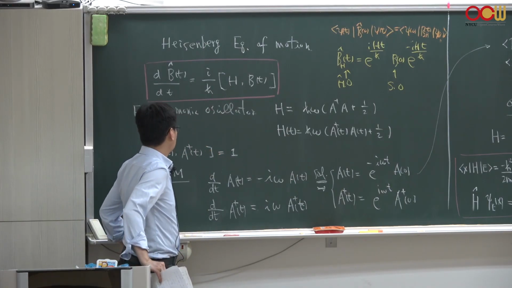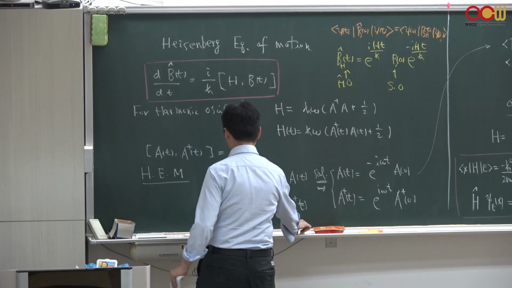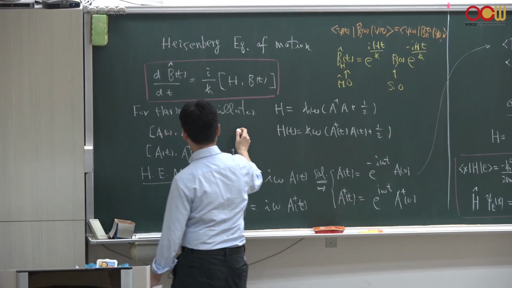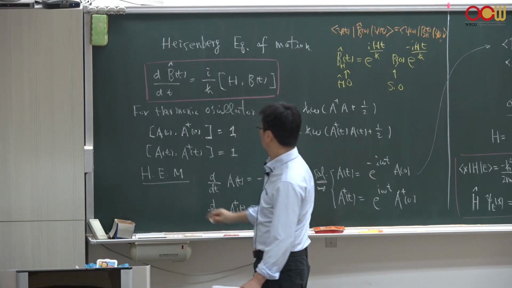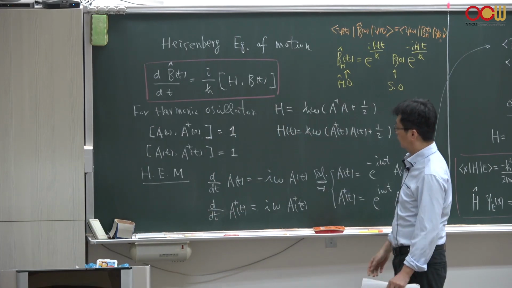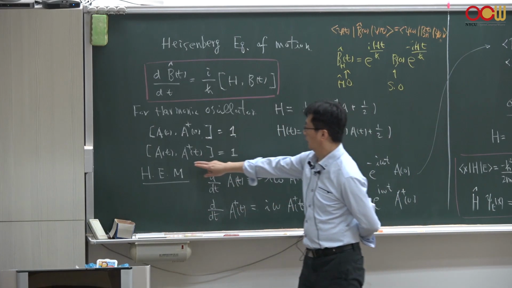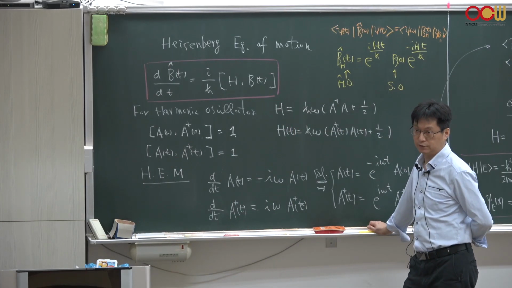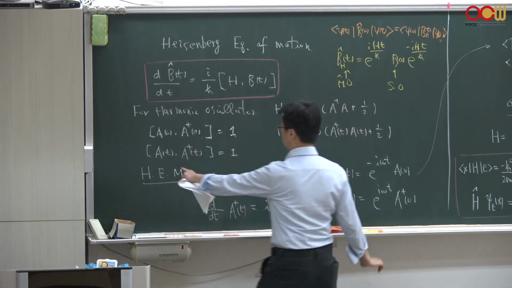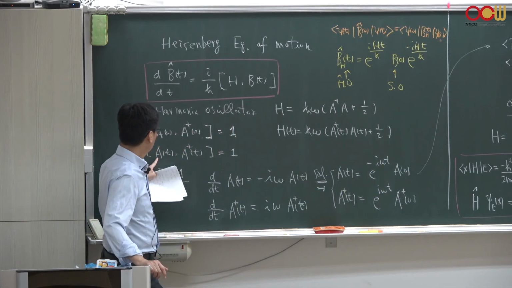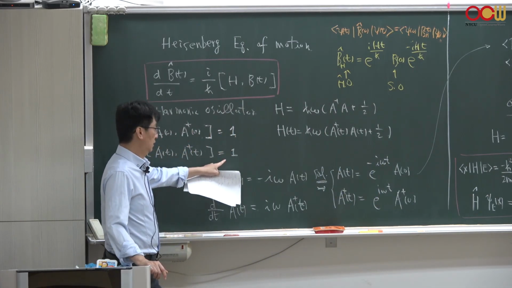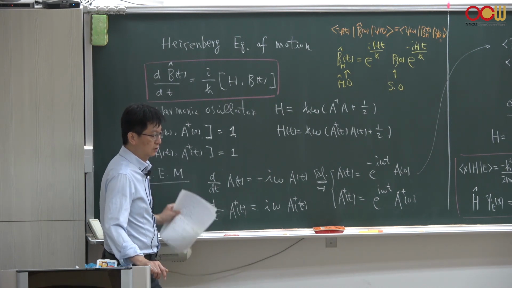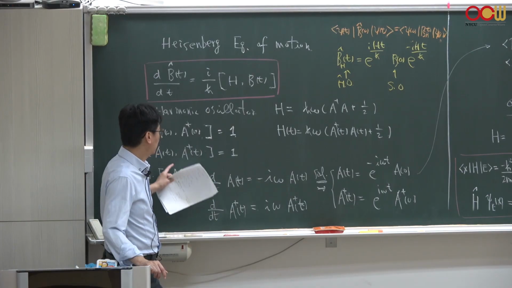We know that the commutation relation between A and A dagger in the Schrödinger picture is 1, and we can also show that this is true when we consider a Heisenberg operator A of t. So A of t, when we commute it with A dagger, gives us 1 as well. This commutation relation doesn't change from the Schrödinger picture to the Heisenberg picture.